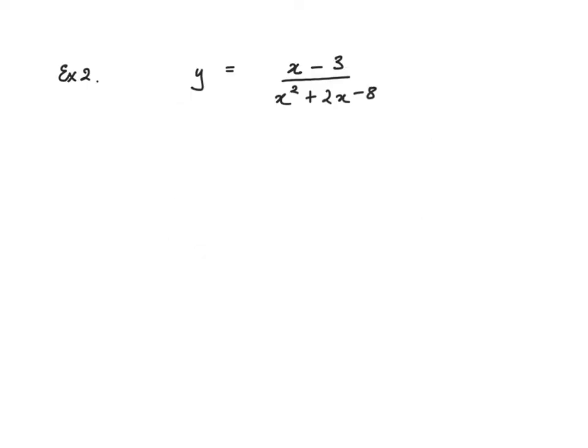Here's a second example. Now, it's the denominator that interests us. So what we want to do is to take the denominator and work with it separately. I'm going to set it equal to 0, factorise and solve.